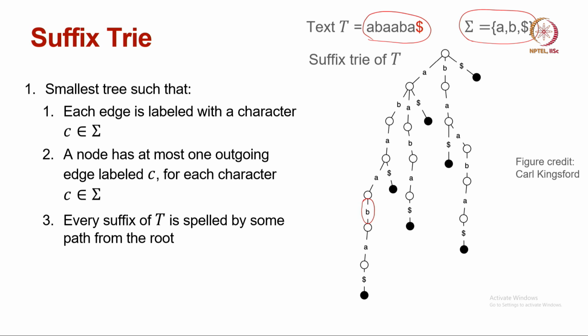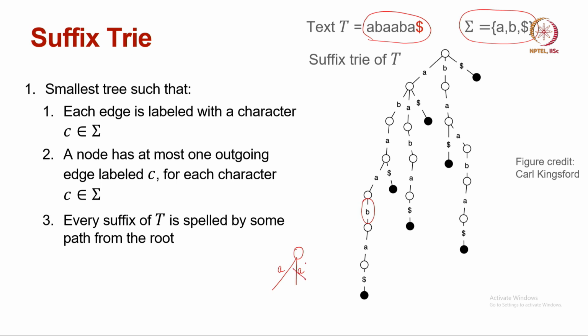Observe that each edge of the suffix trie is labeled with a character from the alphabet. Now, every node of a suffix trie can have at most one outgoing edge labeled C. So, for example, a node cannot have two edges labeled with character A. It can have at most one edge labeled with character A, at most one edge labeled with character B, and at most one edge labeled with character dollar.